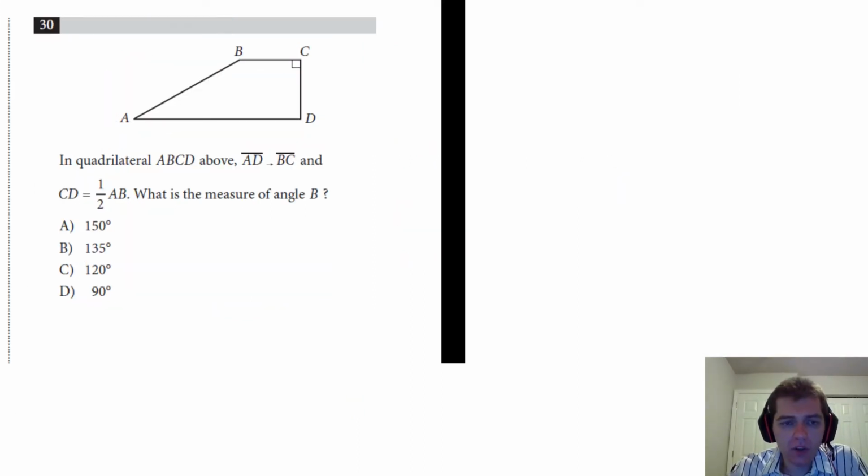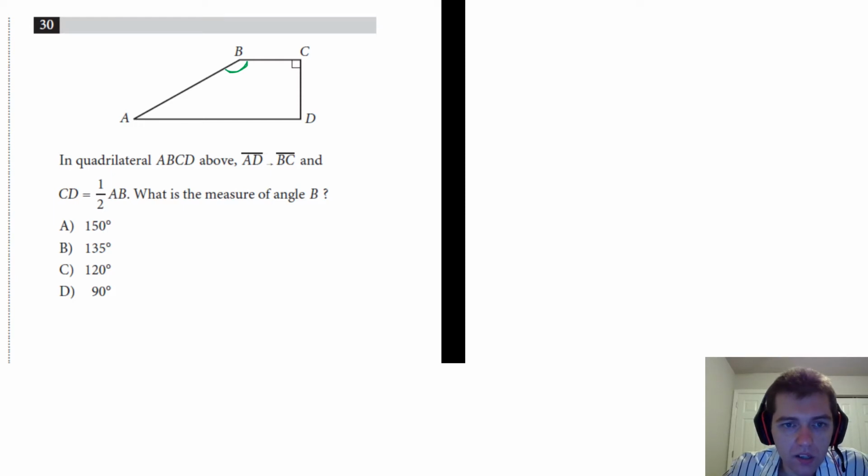Problem 30. In the quadrilateral ABCD above, AD is parallel to BC and CD is equal to 1/2 AB. What is the measure of angle B? Okay, so they're asking about this angle right here. A few things you can conclude.